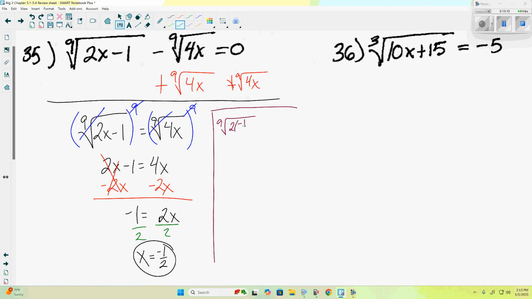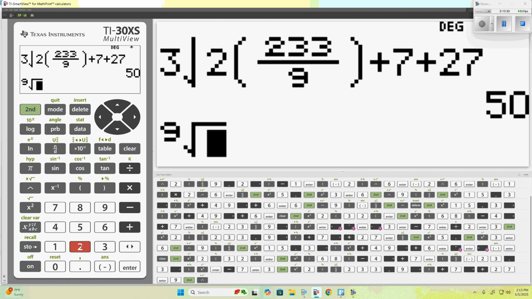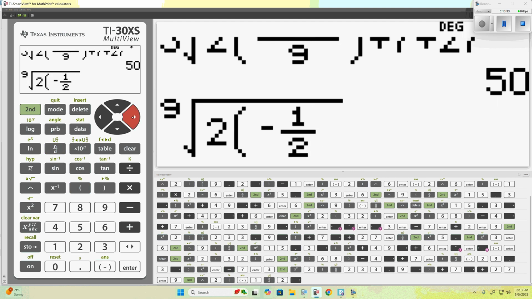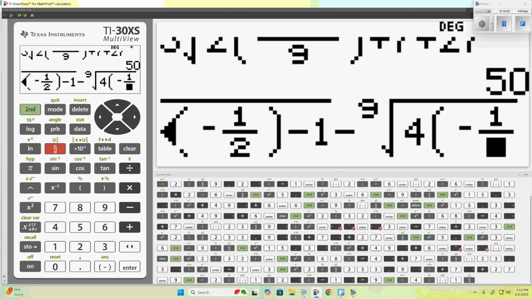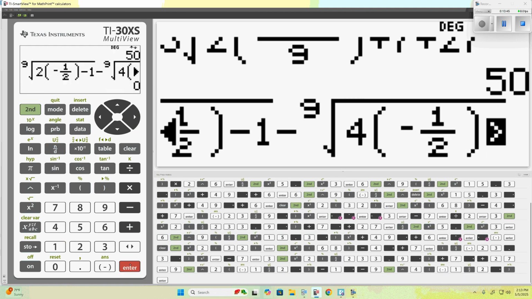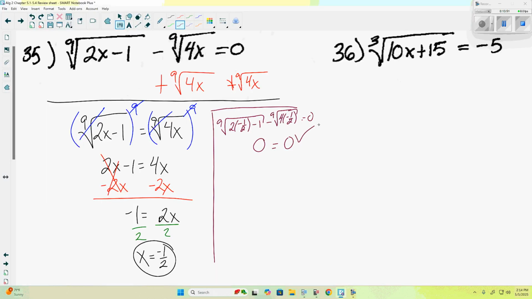Because we'd have the 9th root of 2 times negative 1/2 minus 1 minus the 9th root of 4 times negative 1/2 is equal to 0. Yep. So x is indeed negative 1/2.